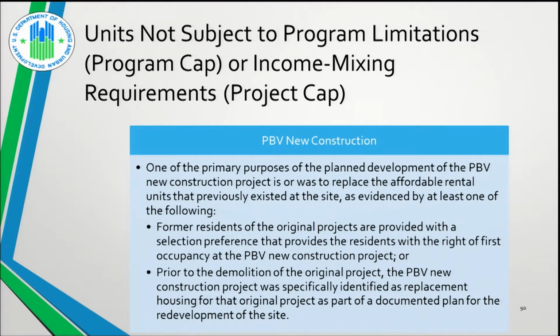Former residents of the original projects are provided with a selection preference that provides the residents with the right of first occupancy at the PBV new construction project, or prior to the demolition of the original project, the PBV new construction project was specifically identified as replacement housing, or the original project was part of a documented plan for redevelopment of the site. The last requirement is that the HAP contract first became effective on or after April 18, 2017.